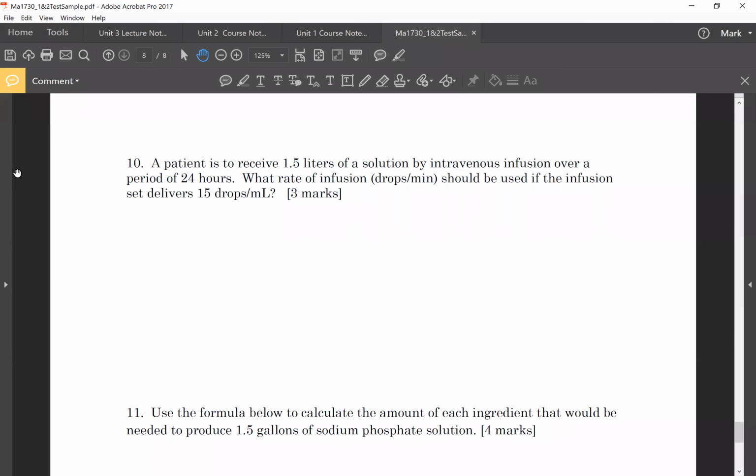All right, number 10. This one's a little bit more straightforward. A patient is to receive 1.5 liters of solution by intravenous infusion over a period of 24 hours. Okay, so 1.5 liters over a day.